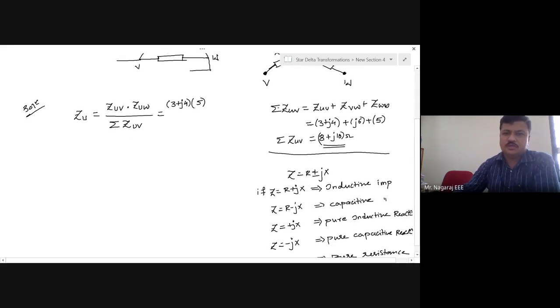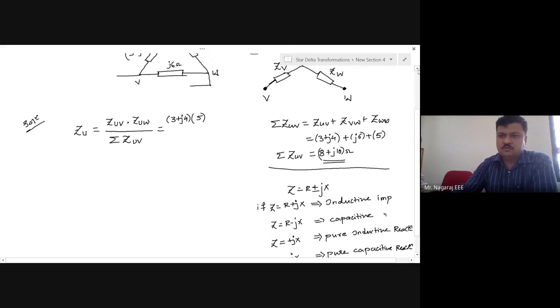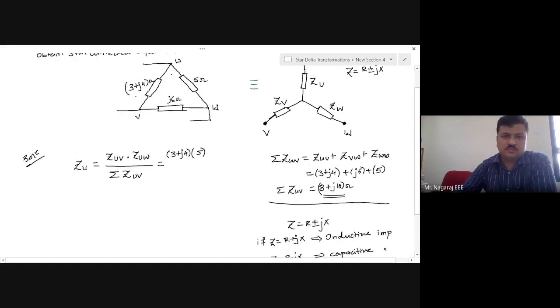So with this, all the impedances here: this is inductive impedance, this is pure inductive reactance, and this is pure resistance. Substituting these in the formula, ZU is equal to 3 plus J4 into 5 divided by the summation, which is 8 plus J10.